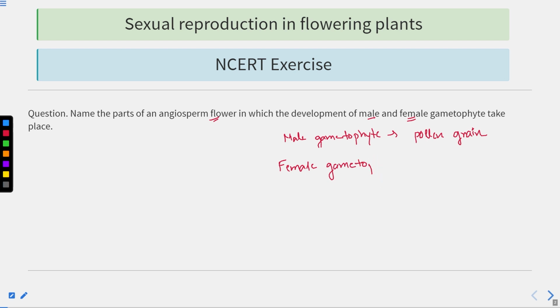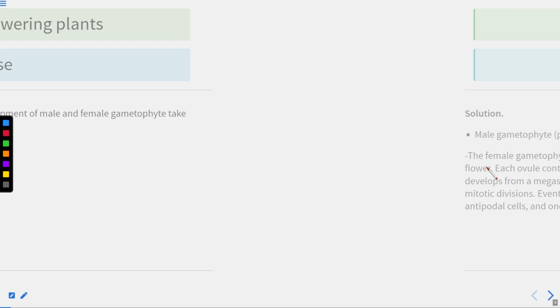Female gametophyte is the embryo sac. Embryo sac is known as the female gametophyte in angiosperms. So in the question it is asking where is the pollen grain forming and where is the embryo sac forming. Clear? So let's talk about this.